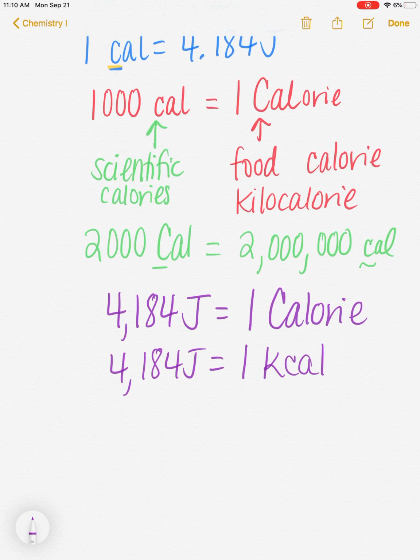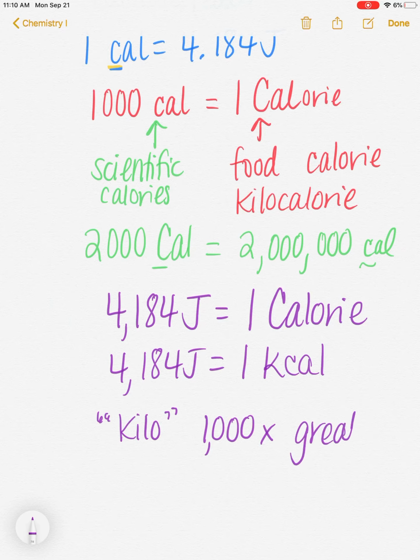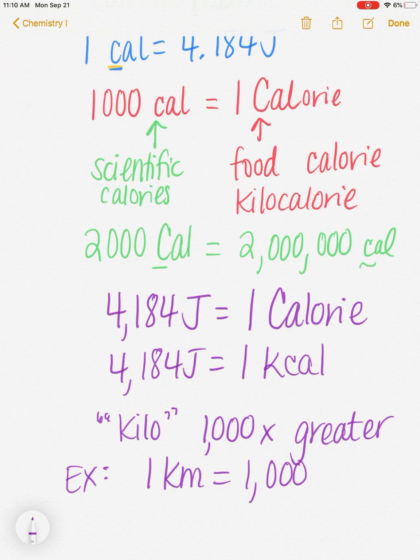And remember that the prefix kilo means 1,000 times greater than the base unit. So you could say that 1 kilometer is equal to 1,000 meters.